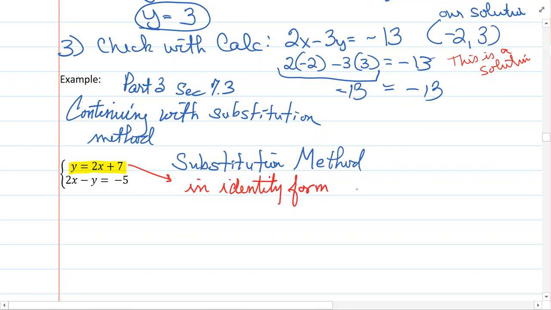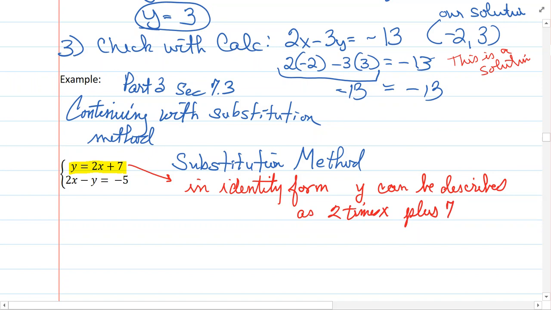It says y can be described as 2 times x plus 7. So we have an identity for y. So let's look at that. We're going to use that in the next equation.